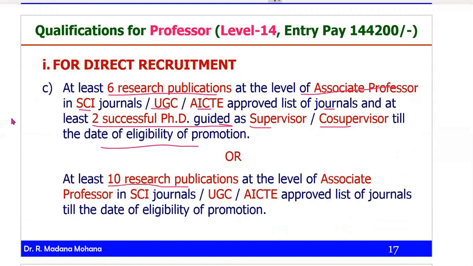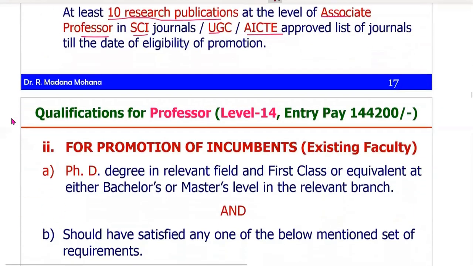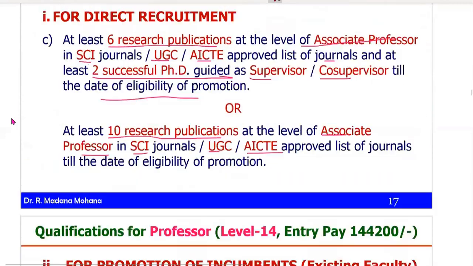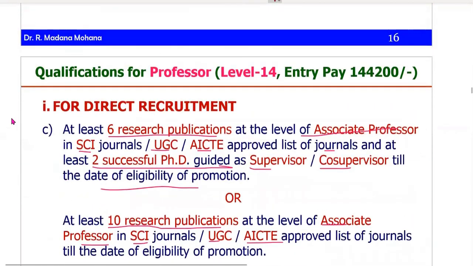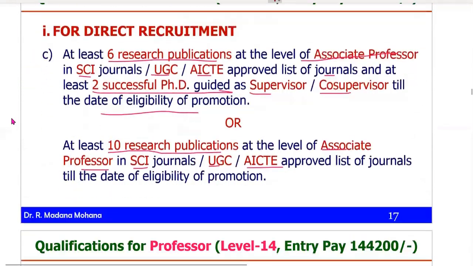At least 10 research publications at the level of associate professor in SCI journals or UGC or AICTE approved list of journals. So either 6 publications with 2 PhDs successfully awarded, or 10 research publications. So all publications are at associate professor level only. Then these are all for the direct recruitment of professor qualifications.